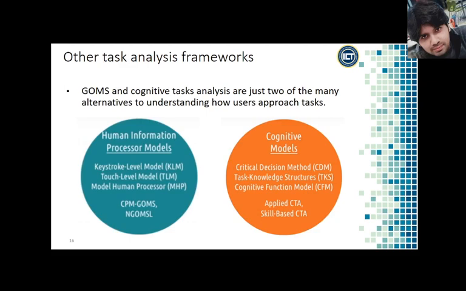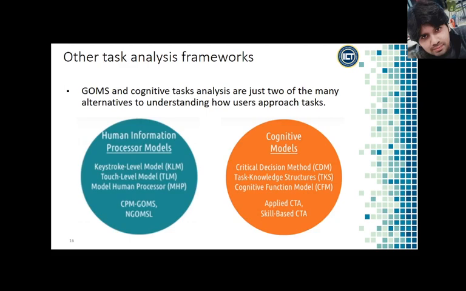CDM puts a focus on places where critical decisions occur. TKS focuses on the nature of humans' knowledge. CFM focuses on complexity. ACTA and skill-based CTA are two ways of gathering the information necessary to create a cognitive model.